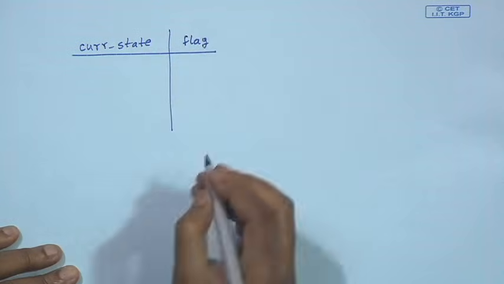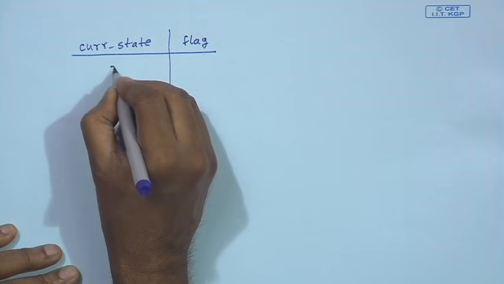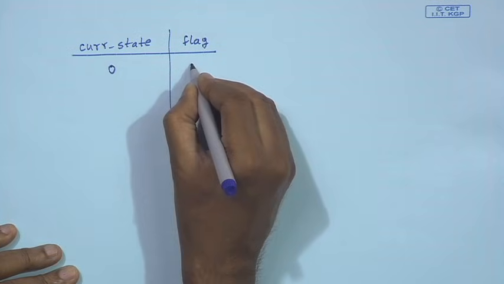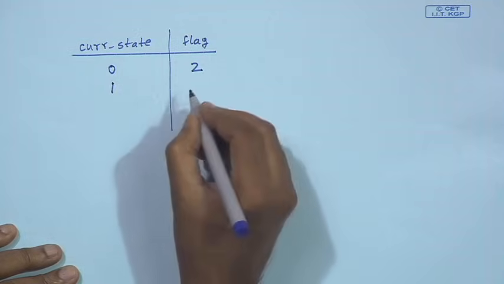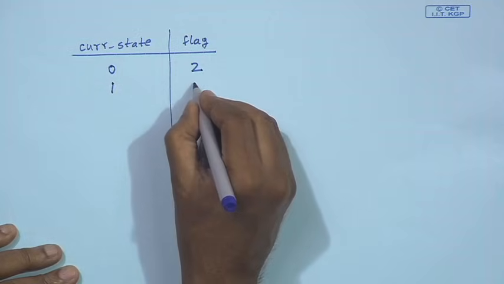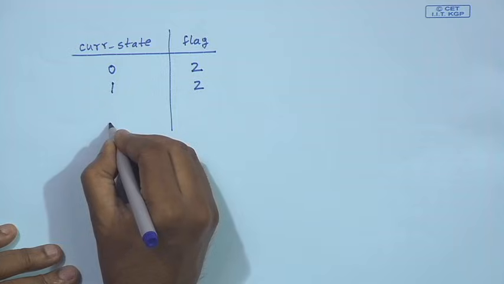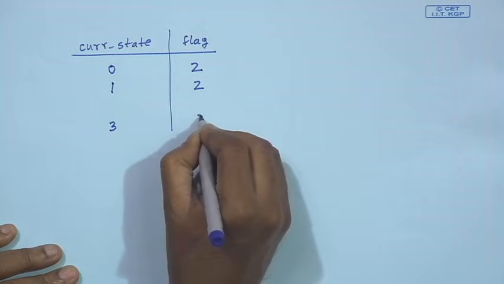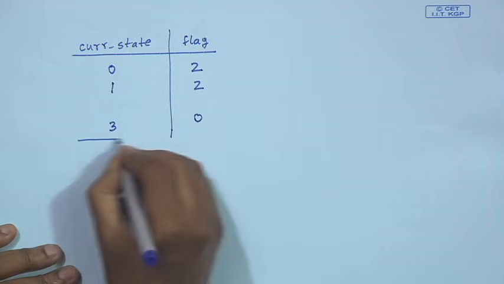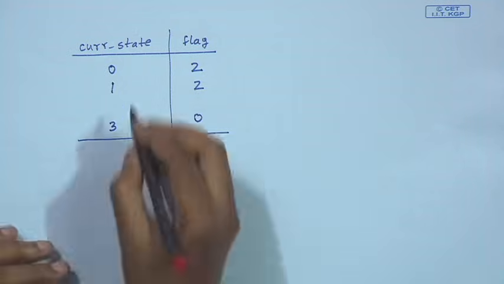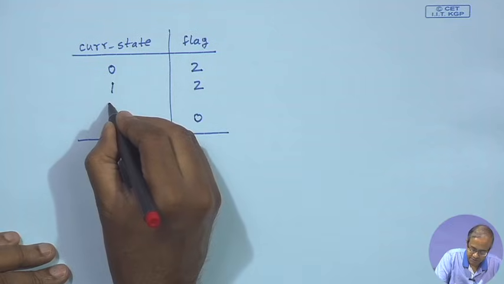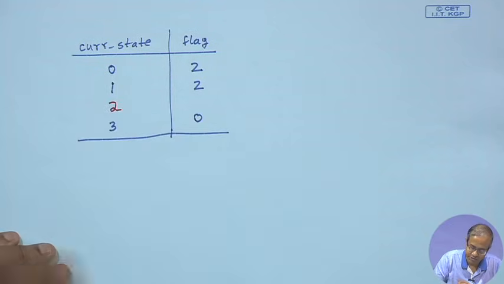According to my description, if my current state is 0, I set flag to 2. If my current state is 1, I set flag to 2 again. If my current state is 3, I set flag to 0. So, it is just like a combinational circuit, but there is a catch here. Here we have not specified what will happen if the current state is 2.